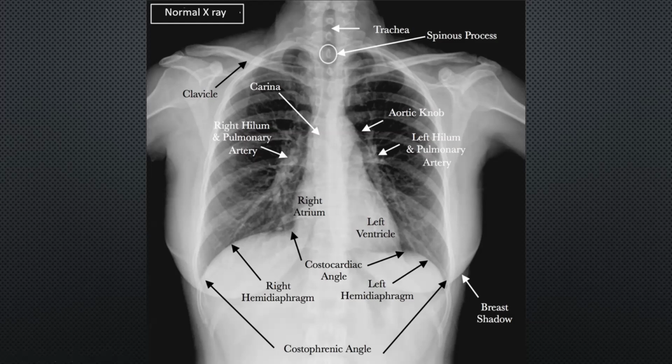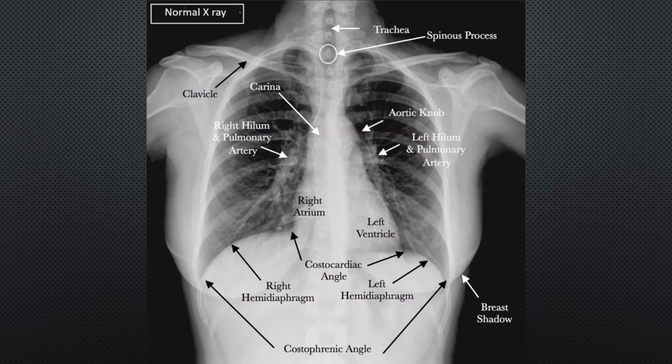Then we go down. We have the carina, which is the division of the trachea. Then we go down a bit. We have the right atrium on the right side of the chest and the left ventricle on the left side of the mediastinum. On the side of the mediastinum, you can see the pulmonary arteries: on the right is the right pulmonary artery, and on the left the left pulmonary artery. As we go down, we have the diaphragm on both sides.